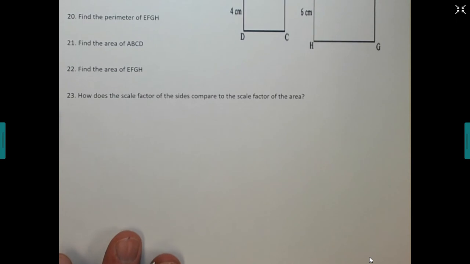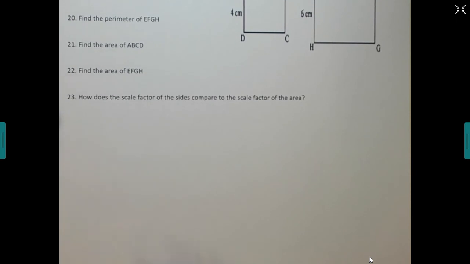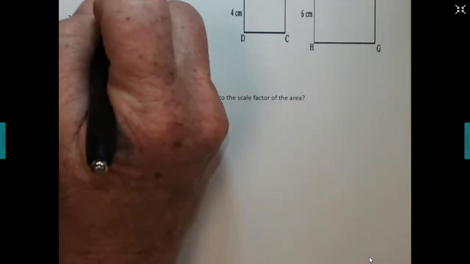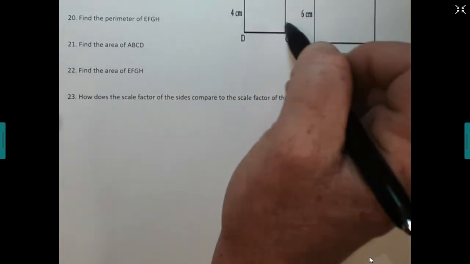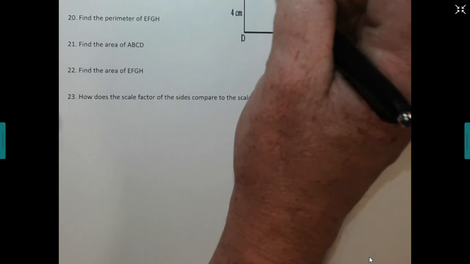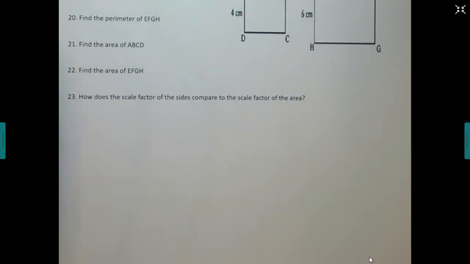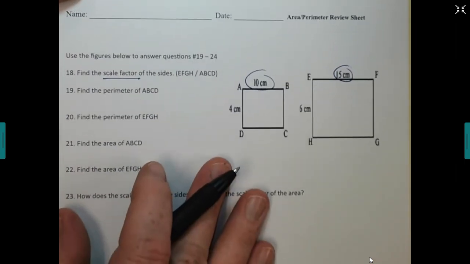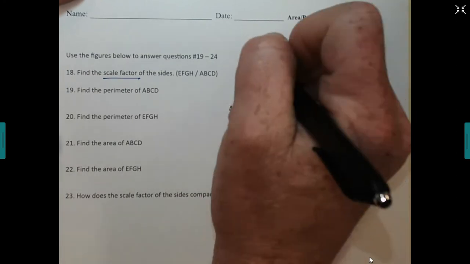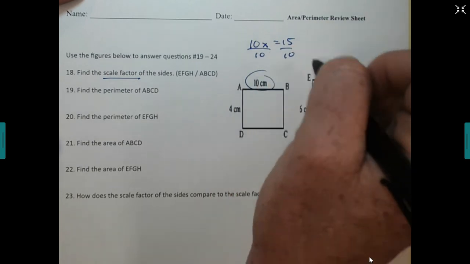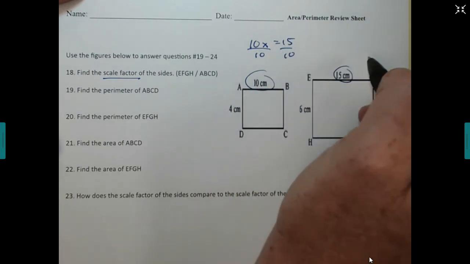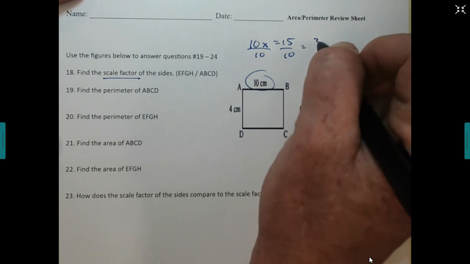Last page. So here's a bit of a blast from the past, the scale factor. If I find two matching sides, what do I have to multiply 10 by to get 15? Well, 10 times what would get me 15? 15 over 10 reduces to 3 over 2.